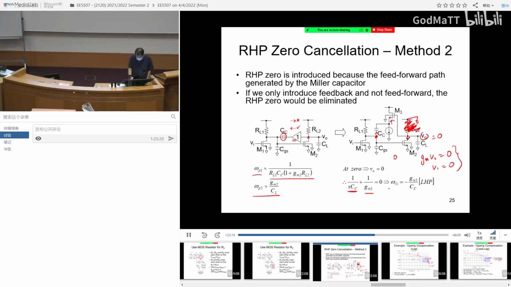And if you do that, you find that your zero frequency now becomes a left half plane zero. It's no longer positive, it's actually negative. We already covered that. Left half plane zero is okay, because it doesn't introduce additional phase lag that reduces the phase margin. So left half plane zero, which introduces phase lead, positive phase, actually helps improve the phase margin.